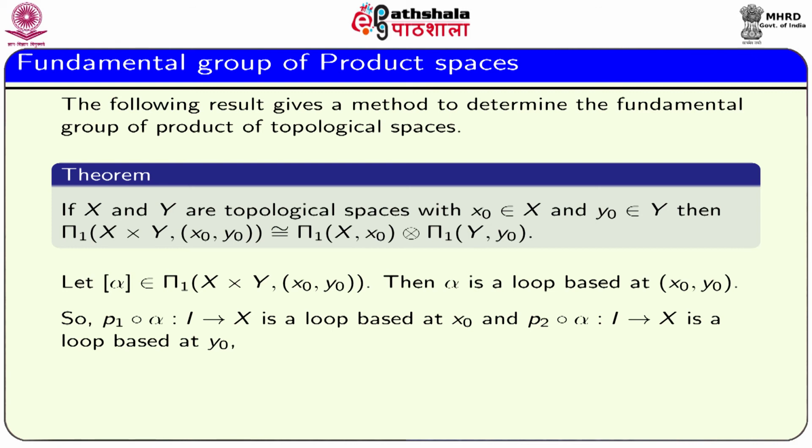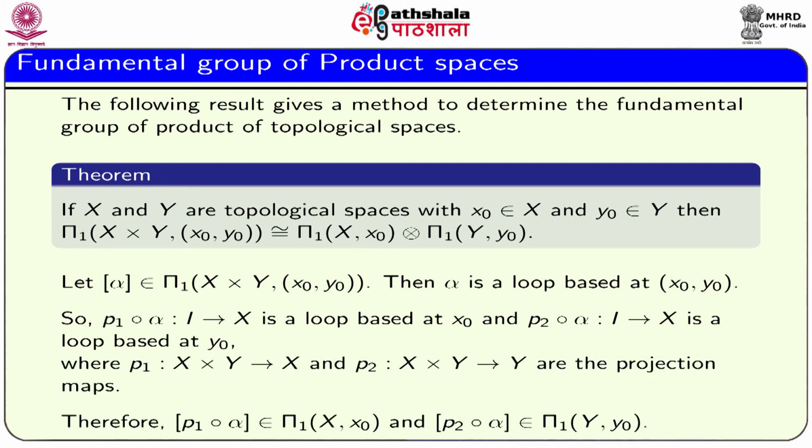So, P1 composed alpha is a loop based at x0 and P2 composed alpha is a loop based at y0, where P1 and P2 are the corresponding projection maps. So, the class of P1 composed alpha is a member of pi 1 (X, x0) and the class of P2 composed alpha is a member of pi 1 (Y, y0).